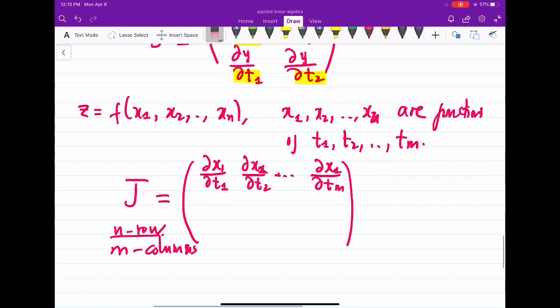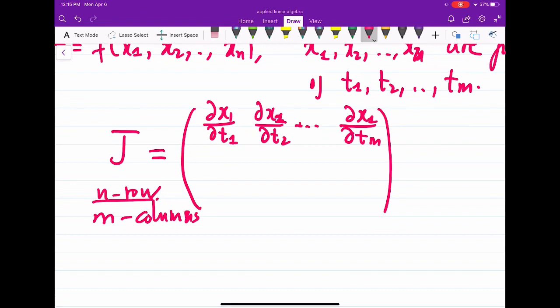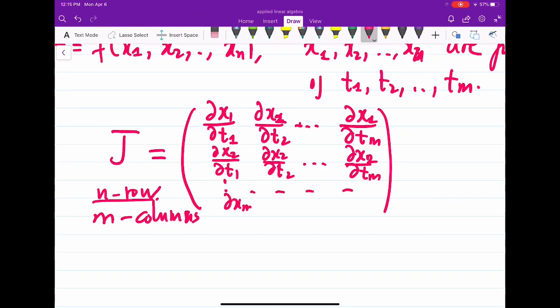And so you move to the second row, you do almost the same thing. With x2, you have partial derivative of x2 with respect to t1, x2 with respect to t2, and so on. Partial derivative of x2 with respect to tm, and so on. The last row would be partial derivative of xn with respect to t1, partial derivative of xn with respect to t2, and so on, partial derivative of xn with respect to tm.